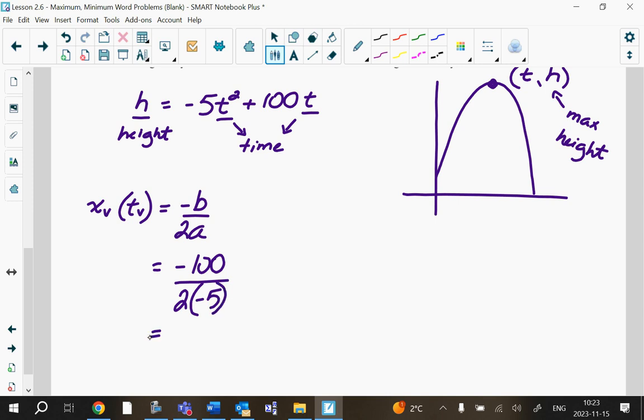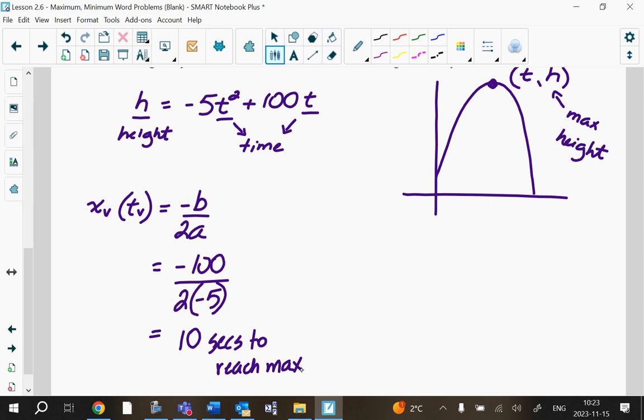That gives us positive 10. So what does that mean? That's the time it takes to reach the max.